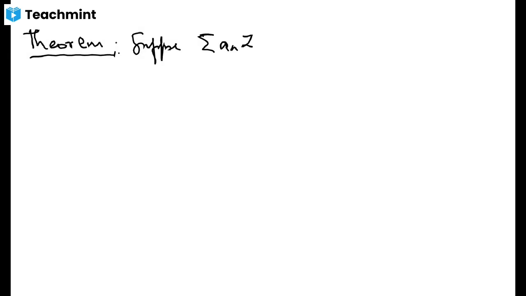So I start to state the theorem that we have to prove today. The theorem is that suppose this power series, and I'm going to take a power series about the origin only, because, keeping in mind what I told you in the beginning, you can always consider a power series about the origin with a change of variable.